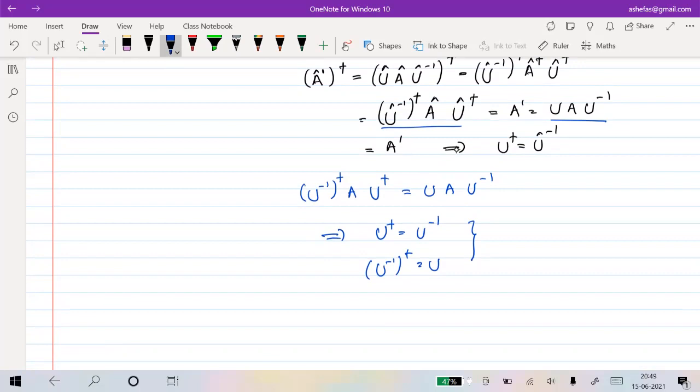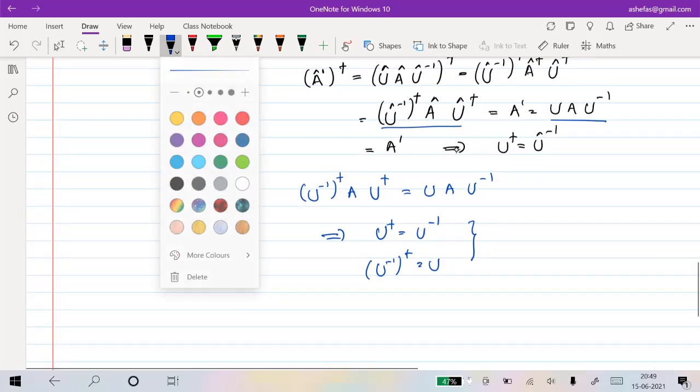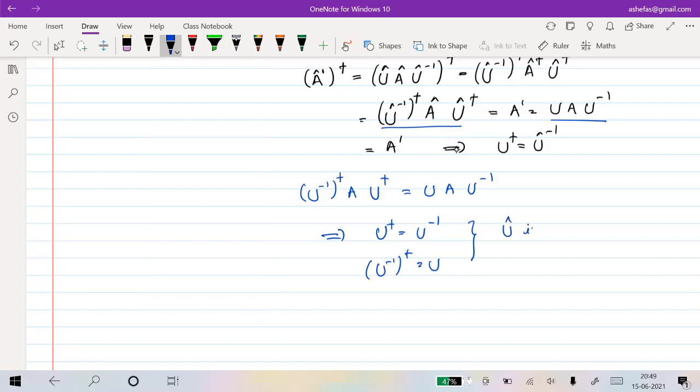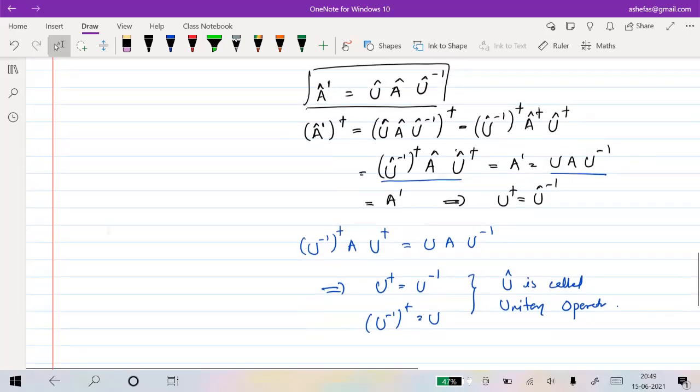Now this kind of operator is called a unitary operator. So the operator which transforms as per unitary transformation is a unitary operator.